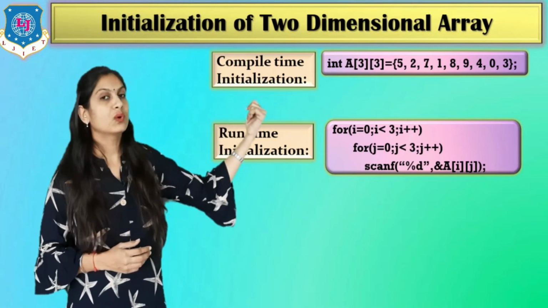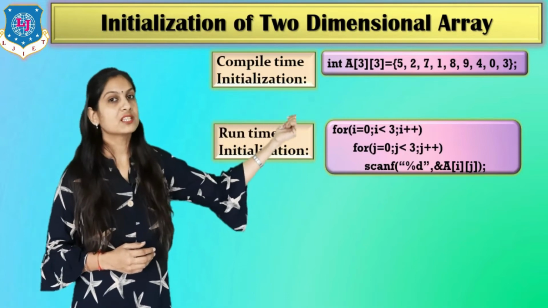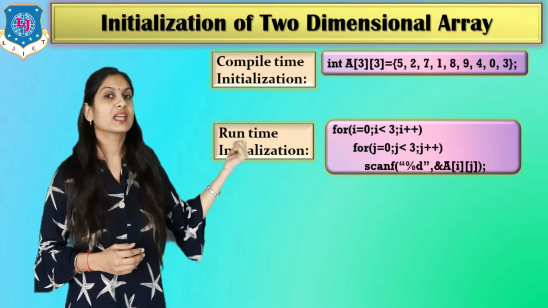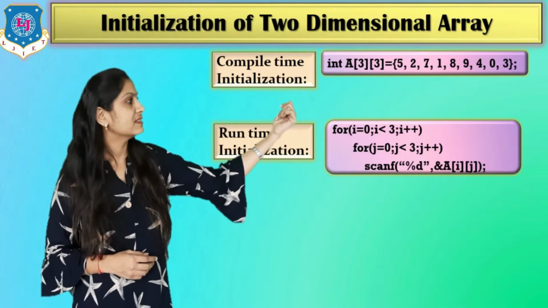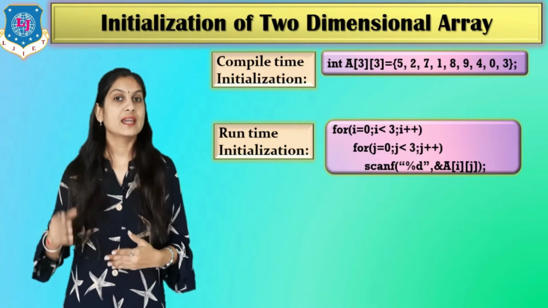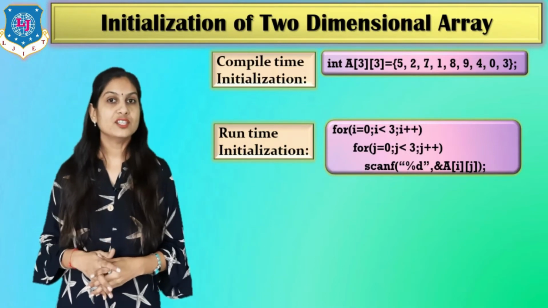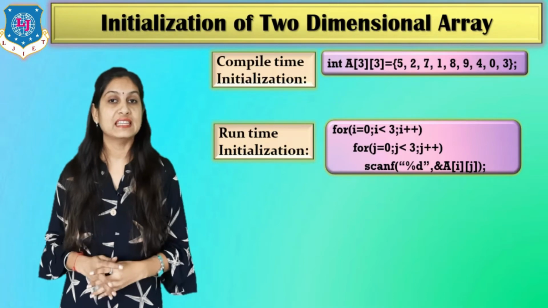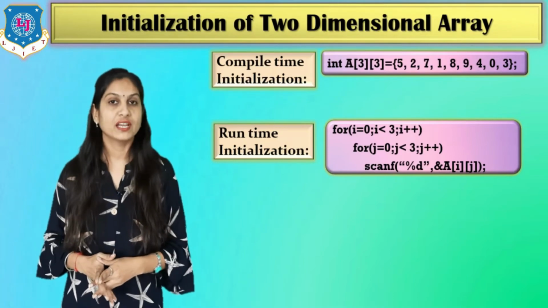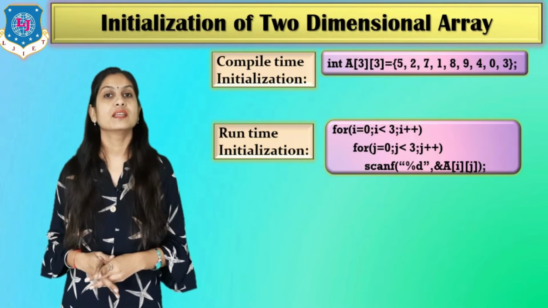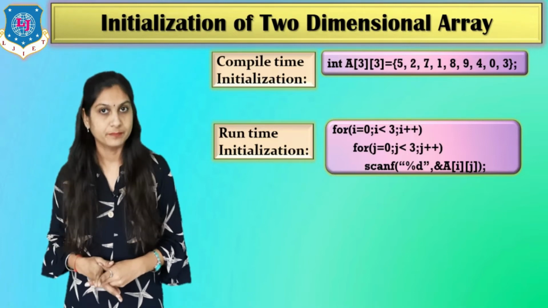So for i equals 0, i less than 3, i plus plus, inside that for loop again we have to use one for the column, that is j equals 0, j less than 3 and j plus plus, and inside that i and j for loop we just scan the data using the scanf function, %d for integer and then &a of i and j.